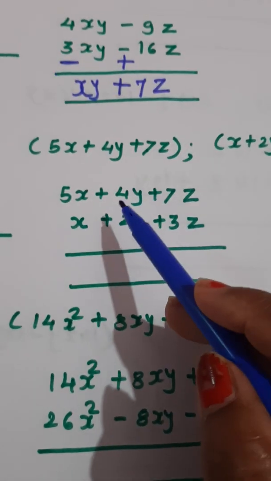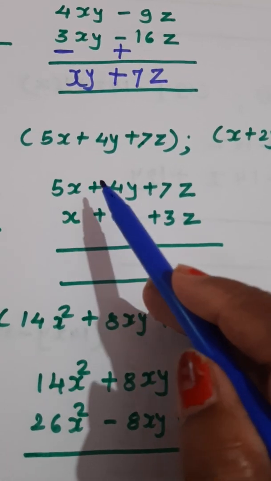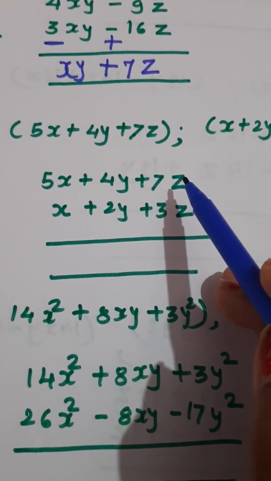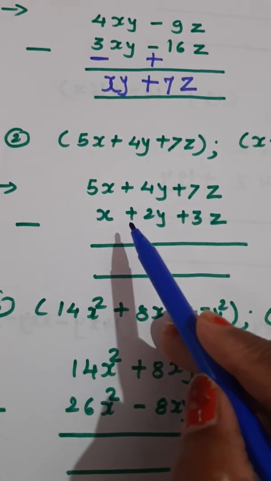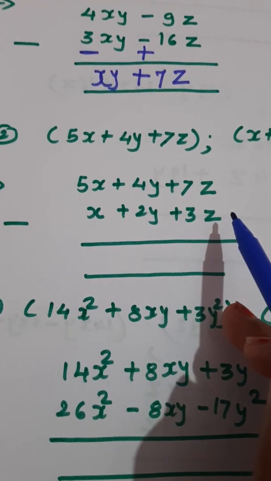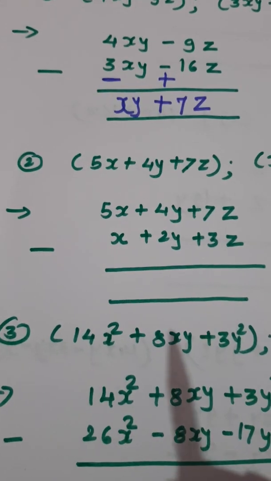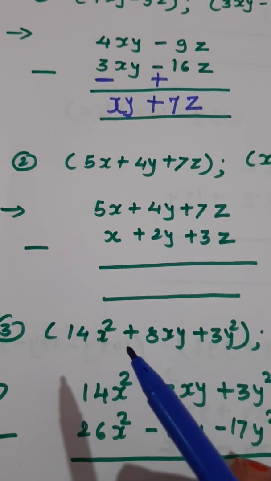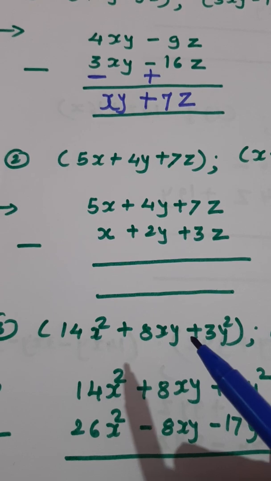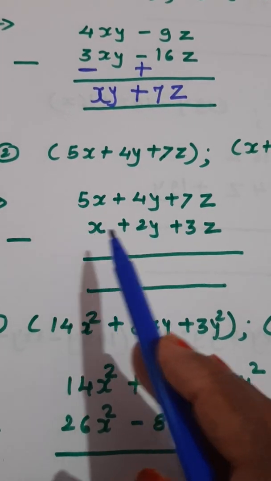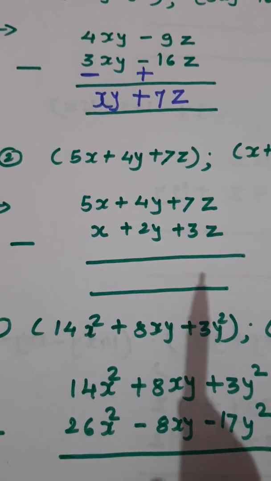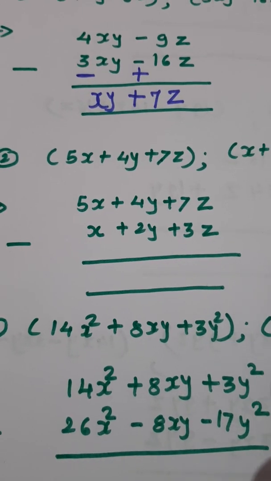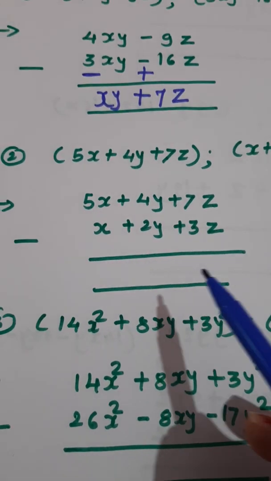As usual, arrange them vertically. 5x plus 4y plus 7z minus x plus 2y plus 3z. As I have explained you the rules of subtraction, while subtraction, the signs of the second expression change. Means what? If positive, it becomes negative. If negative, it becomes positive.